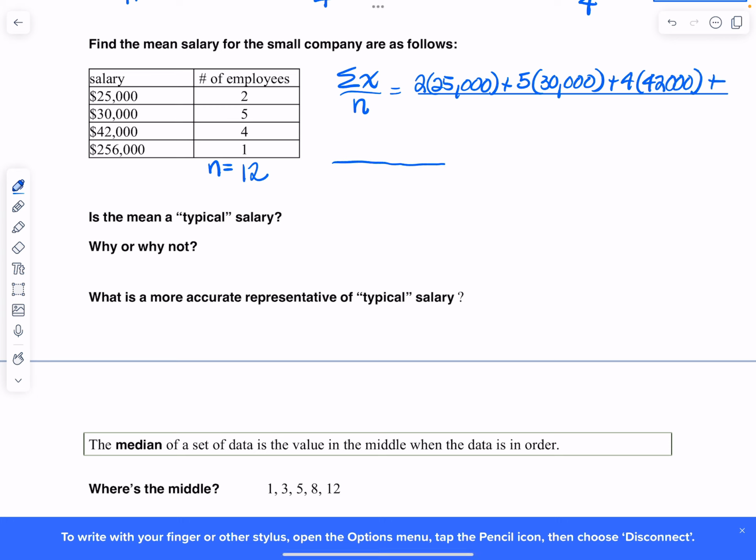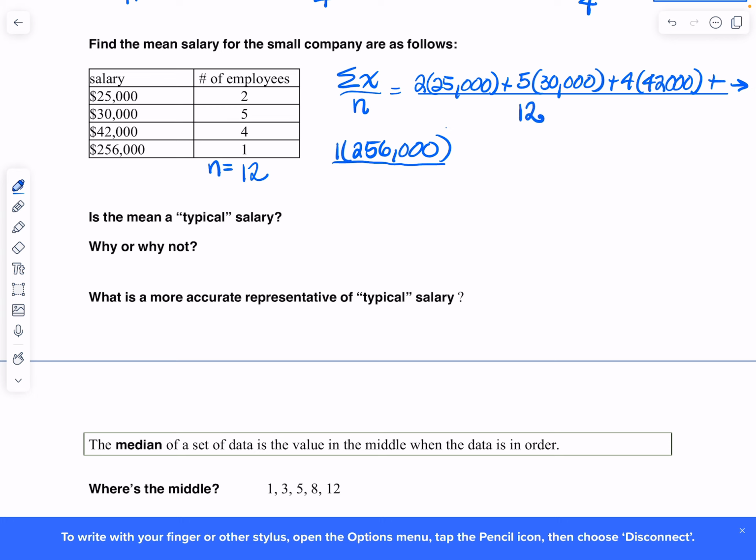Plus 1 times 256,000, and that's my numerator. Guys, you could write out 25,000 plus 25,000 plus 30,000 plus 30,000, etc., but I'm taking the shortcut because it's easier to compute. And then in the denominator, we should have 12.